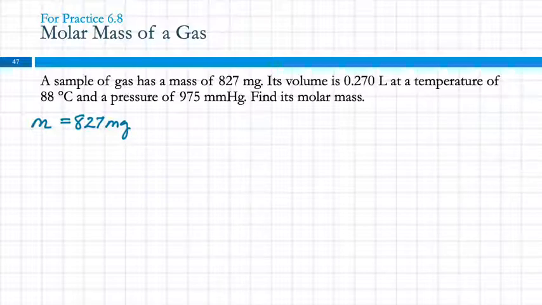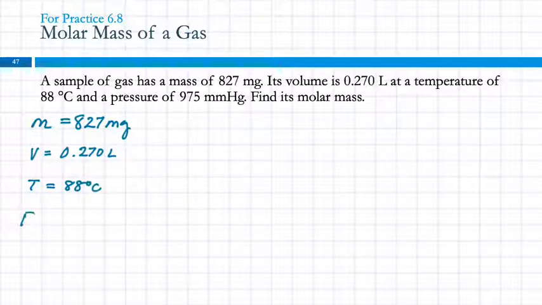And then it says the volume is 0.270 liters. The temperature is 88 degrees Celsius. And the pressure is 975 millimeters of mercury. We want to find the molar mass.